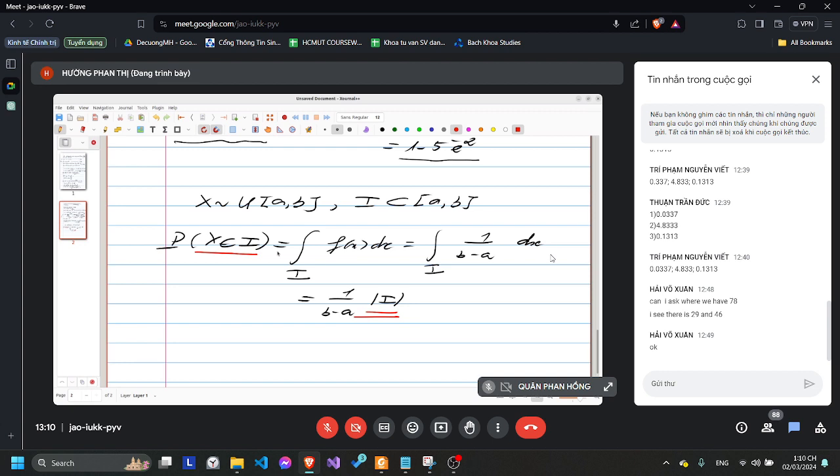It means that the chance of S belonging to any interval from A to B only depends on the length of the given interval. That's the reason why I told you that when a message arrives between 7 a.m. and 7 p.m. and you have no idea about the arrival time, the message will follow the uniform distribution.